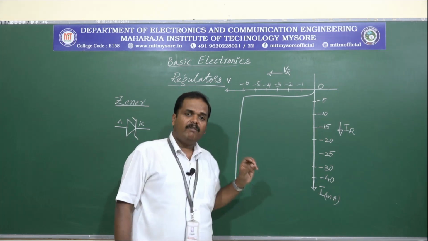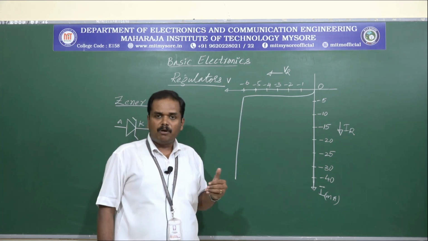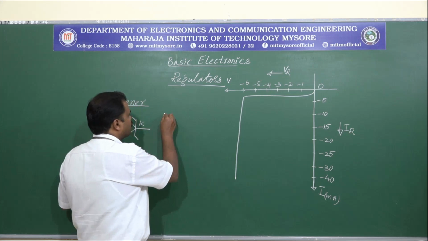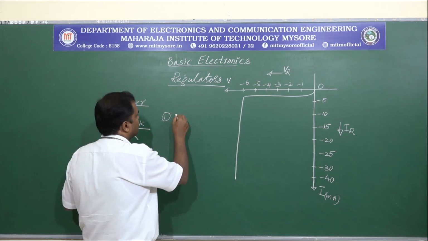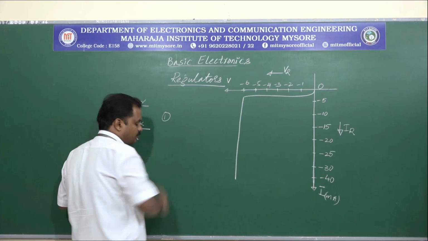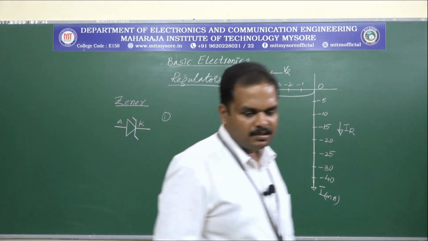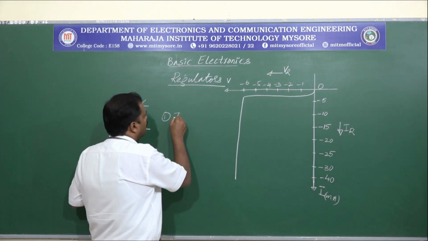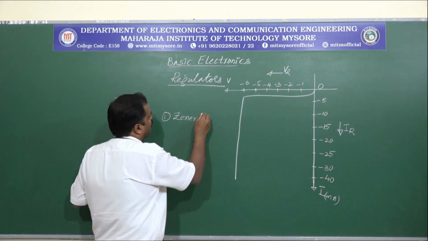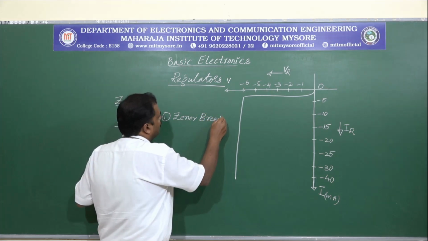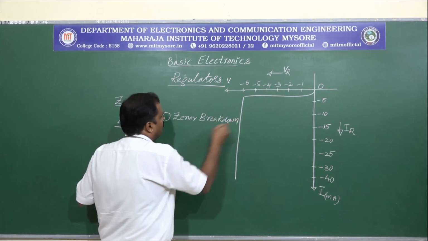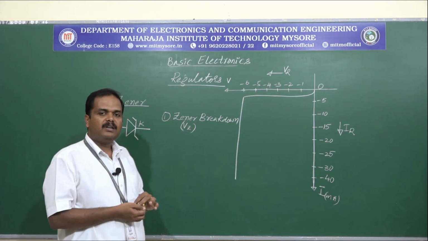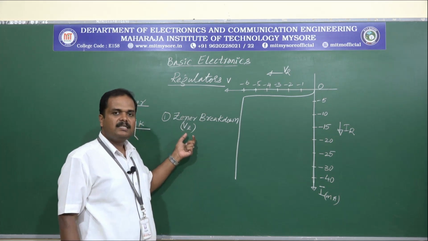Here we have a couple of parameters which are important with respect to Zener diode to be noted. The very first parameter is Zener breakdown, which is represented as Vz.